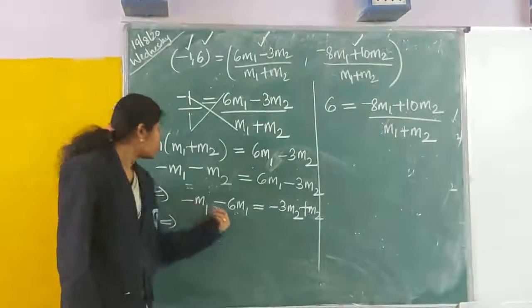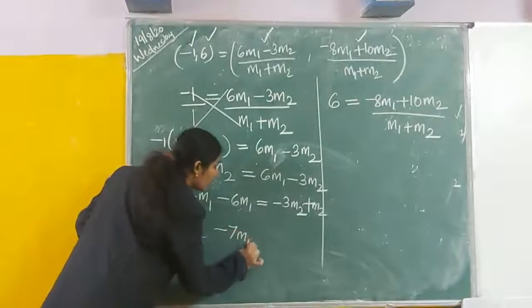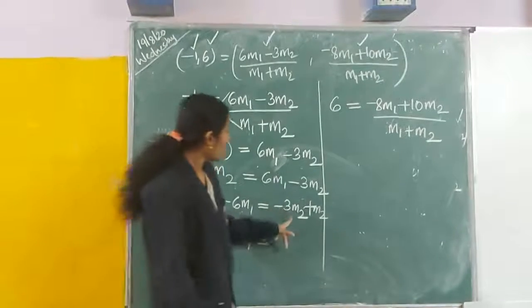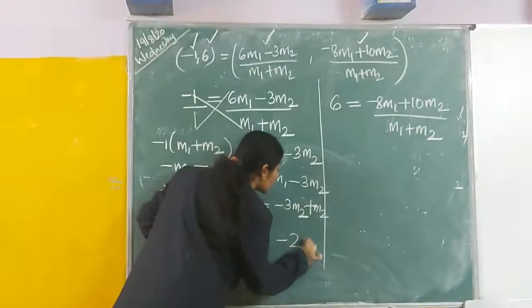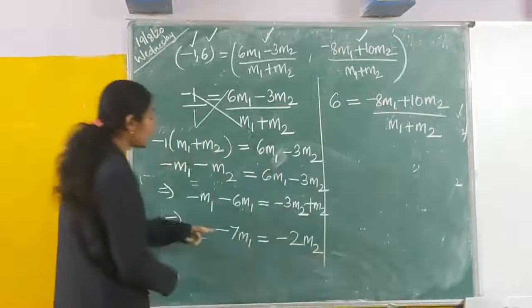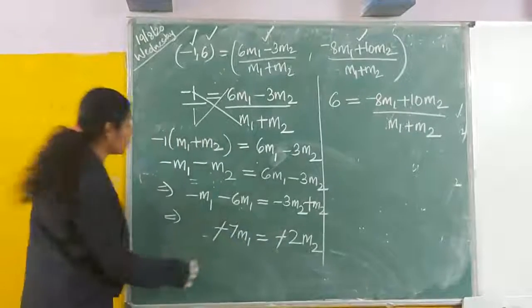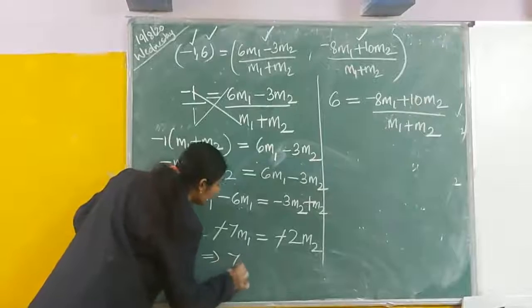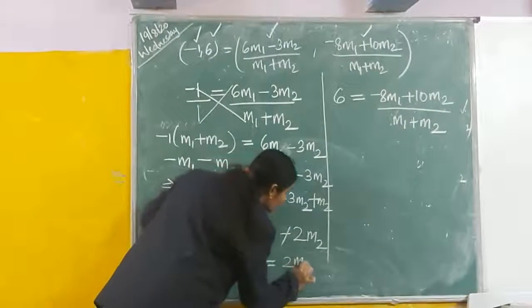What is minus m1 minus 6m1? That is minus 7m1, equal to minus 3m2 plus m2, that is minus 2m2. Here you can see a negative sign on both sides. Cancel it. So you will get 7m1 equal to 2m2.